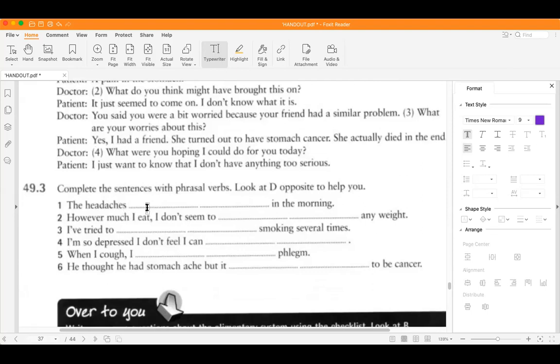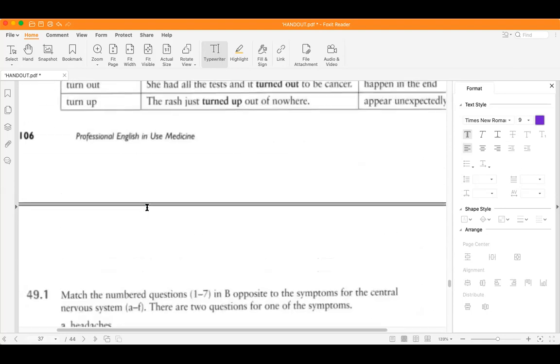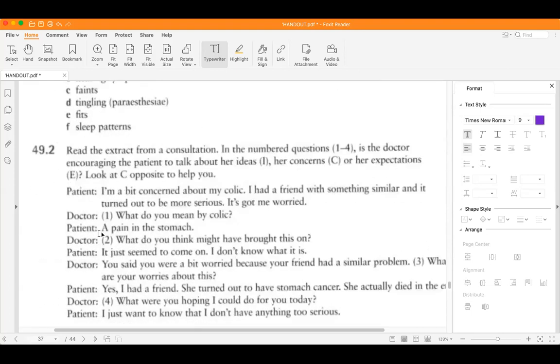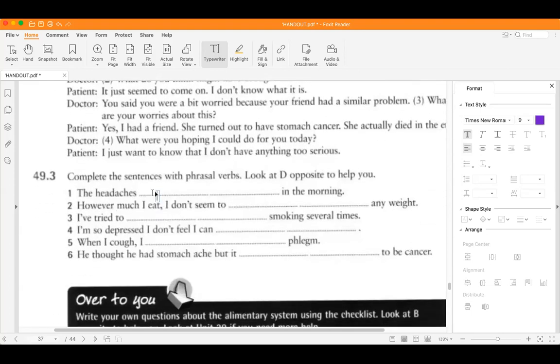The headaches blank in the morning. So here we will answer from the phrasal verbs: bring on, bring up, carry on, come on, give up, put on, turn out, turn up. The headaches come on in the morning.